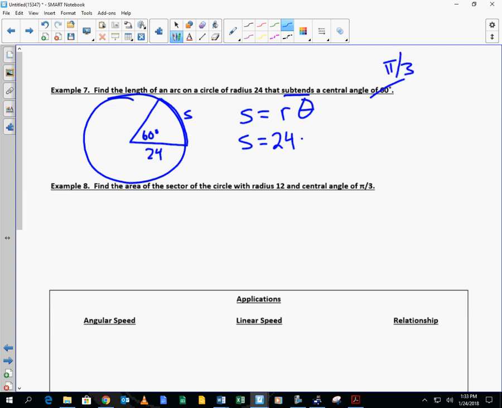So just grab 60. It doesn't work if you use degrees. If you want to use degrees, you have to use the one we gave you back in geometry, 2 pi r times theta divided by 360. But if you want to use this one, then just convert it to radians. Now it's easy, right? What's 24 times pi over 3? 8 pi.